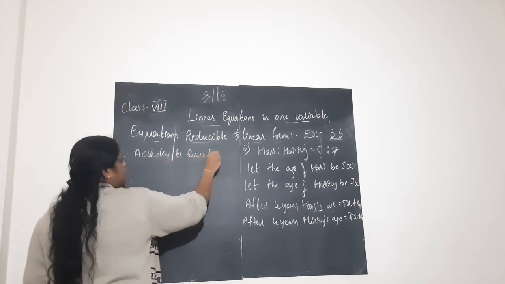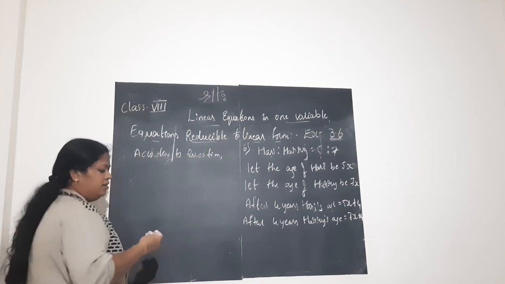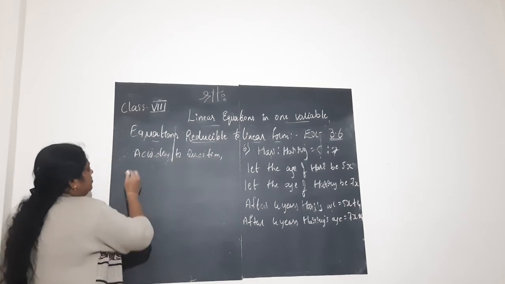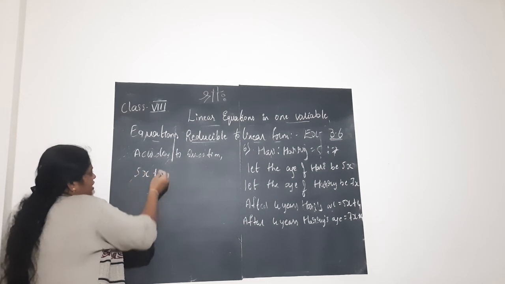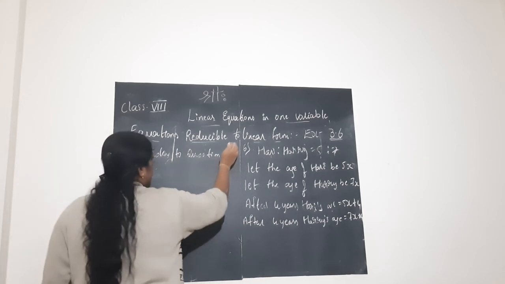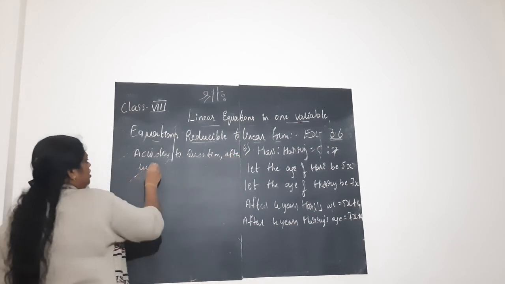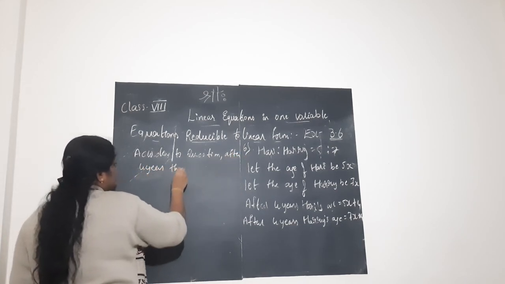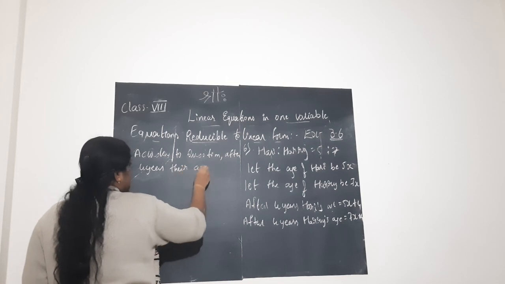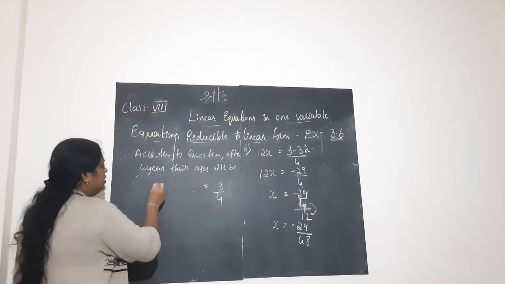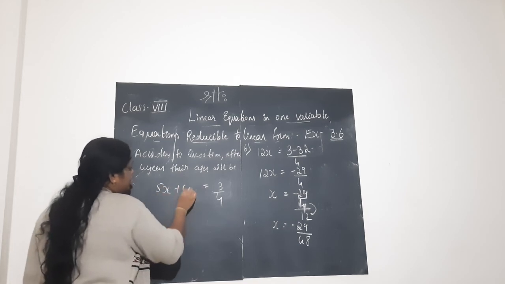this sentence and all I will scribble children because I need to save time, but you should write it neatly. According to question, after 4 years, write that also. According to question, after 4 years, their ages will be taken in ratio.